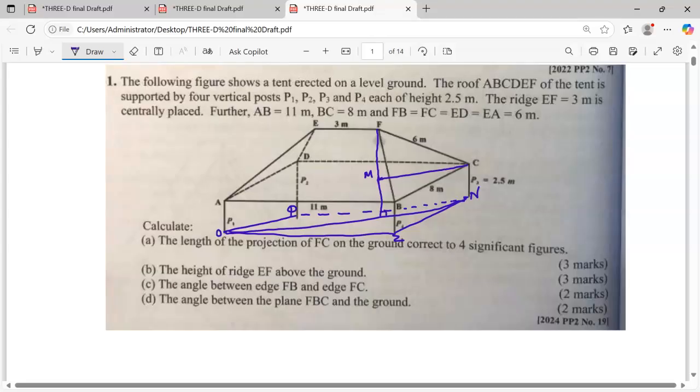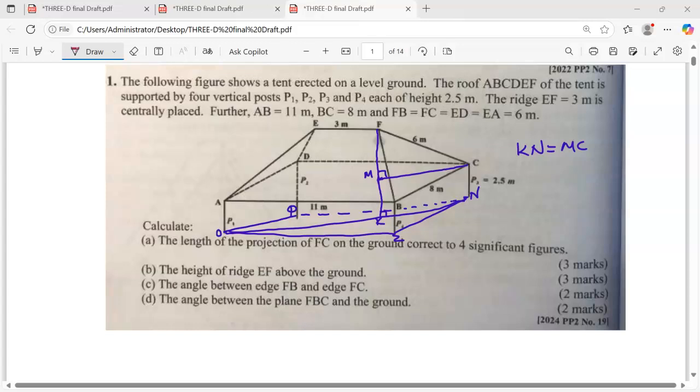And therefore, if I call this point a point K, KN will be equal to MC, because the ground is KN, but KN is the same as MC, and therefore we are going to find the length MC so that we can have the projection of FC on the plane as MC.